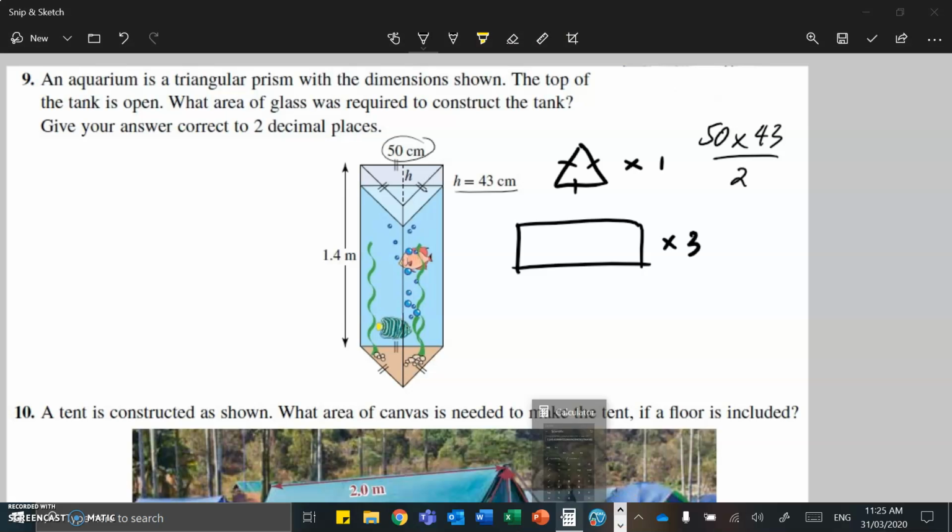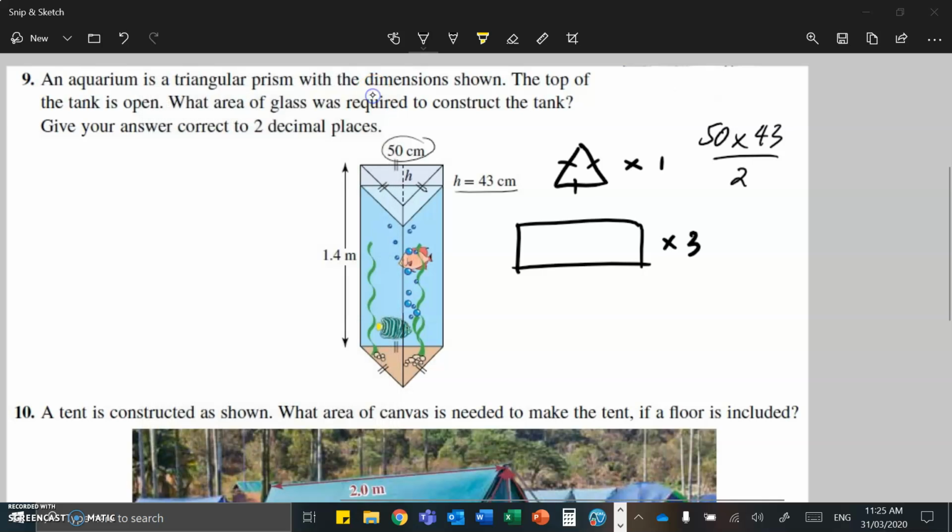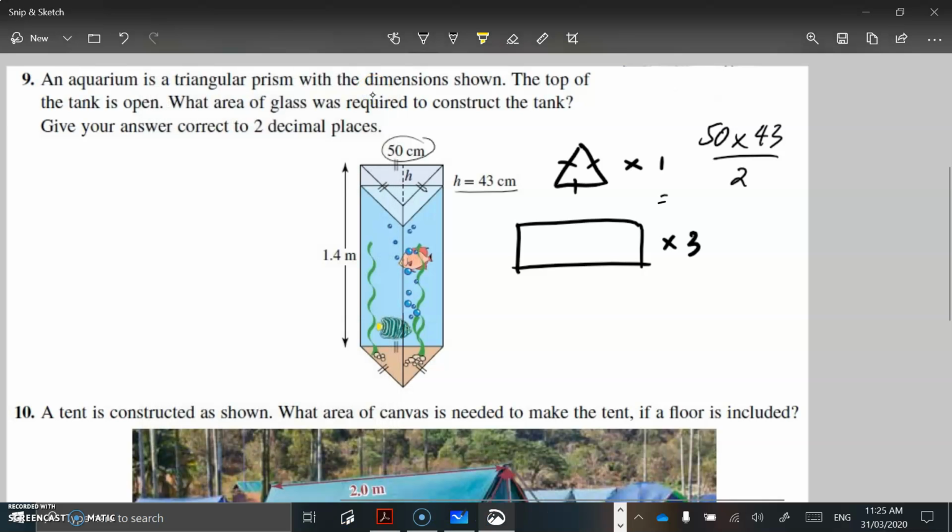Let's put that in our calculator. We've got 50 times 43, and we're going to divide that by 2, which is 1075 centimeters squared. So that's the size of that triangle, but that's going to be looking at the glass used for the base of that aquarium.